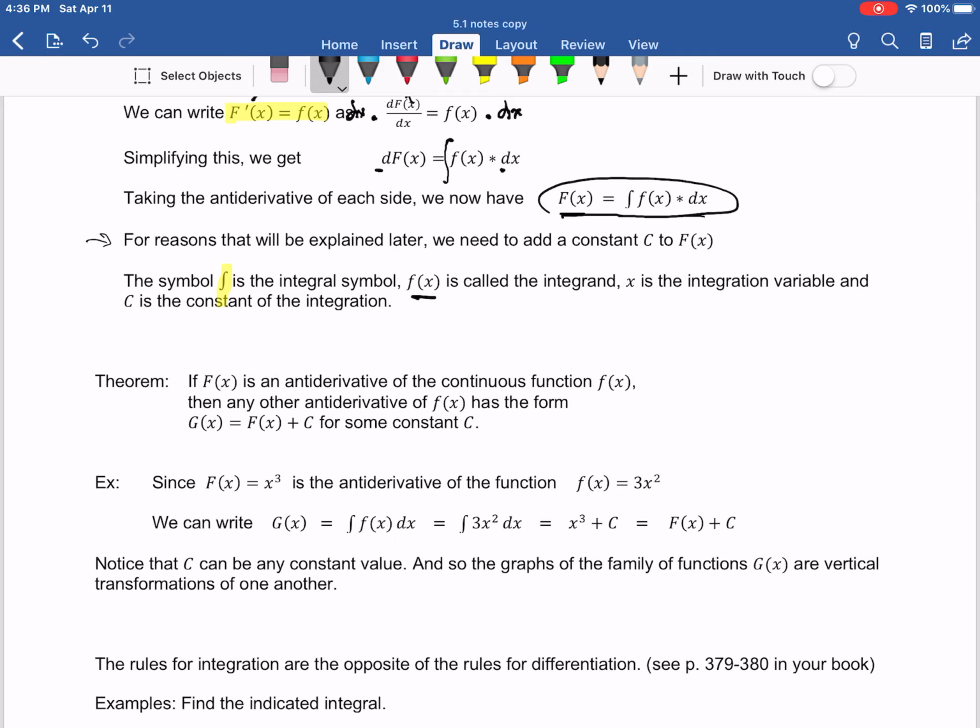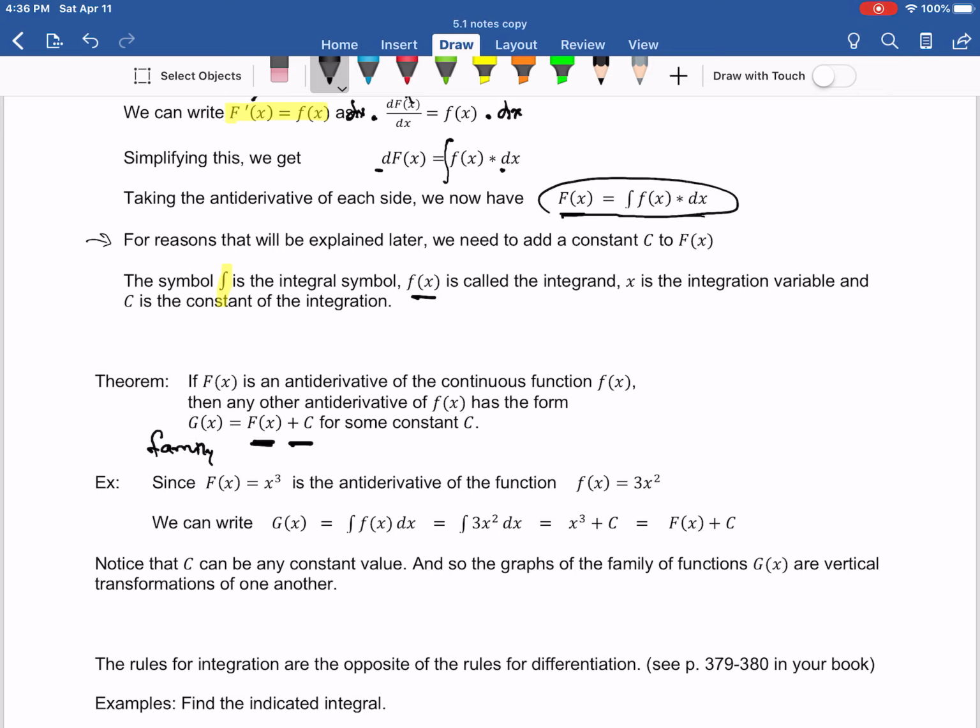So this brings us to this theorem that you see here. If big F is an antiderivative of the continuous function little f, then any other antiderivative of little f has the form of whatever that antiderivative was that you were given, plus c. There's that adding of the integration constant. What that gives you is an entire family of functions, the g of x family of functions.